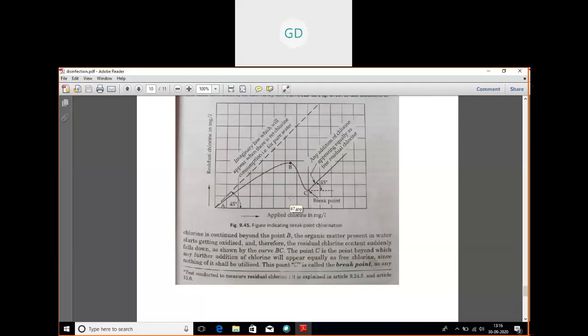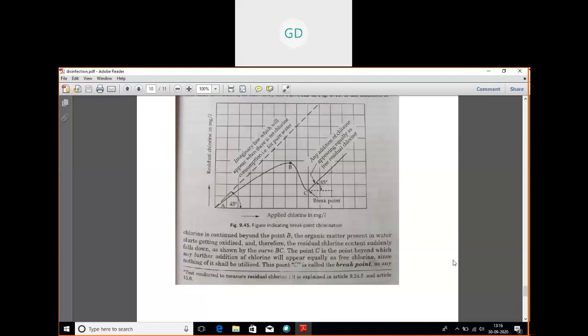Then after some chlorine is consumed by the bacteria, this curve has fallen down, and again from this point you can see that the addition of chlorine increases it again. So this point C is known as your breakpoint chlorination.